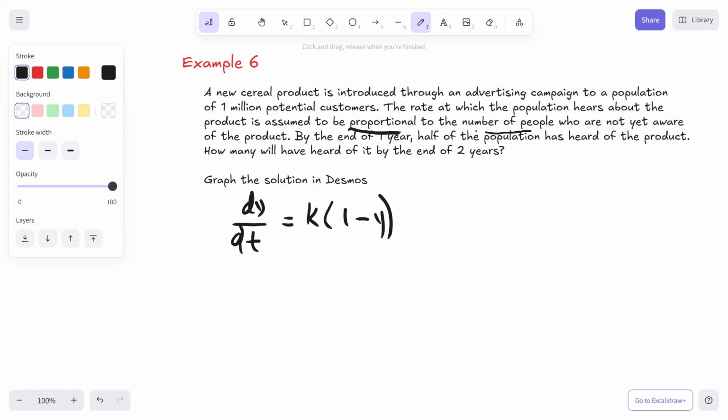So if y is the number of people at time t who have heard of it, that means 1 minus y is the number of people who have not heard of it if y is considered to be in millions. So instead of writing 1 million minus y, just writing 1 minus y and understanding that y represents the number of people in millions. Now, we can separate this, so dy over 1 minus y equals k dt.